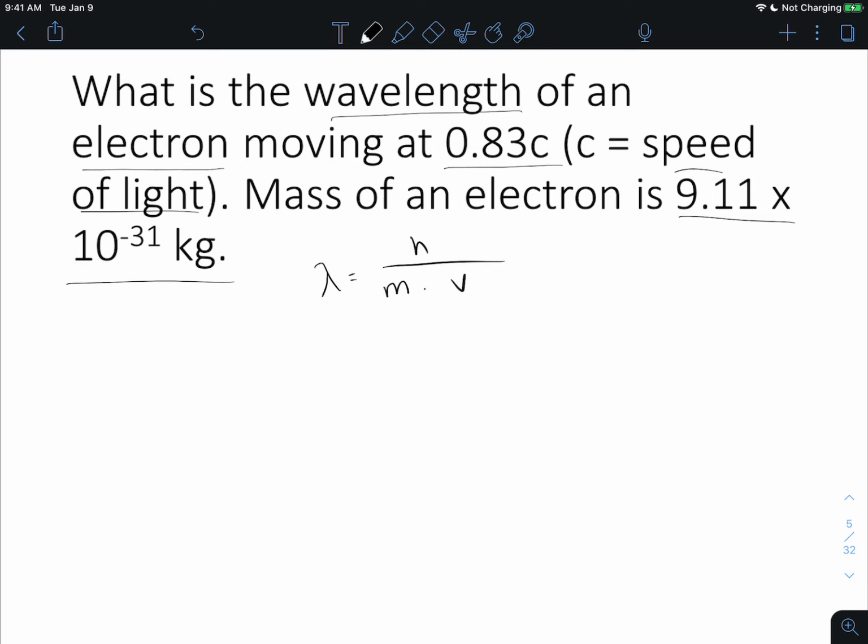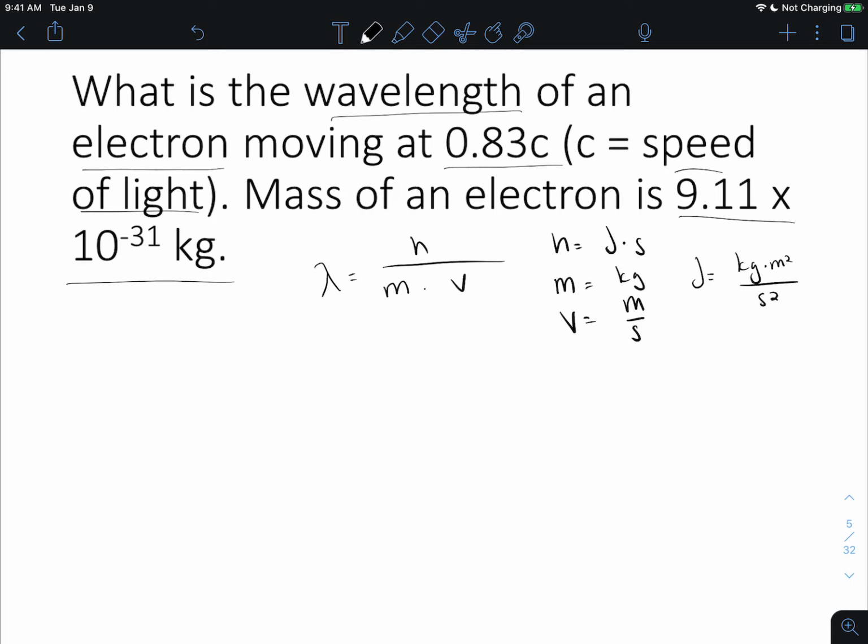Now, when we're thinking about units, that h is in joules times seconds. Our velocity is in meters over seconds. And then our mass needs to be in kilograms. The reason for this is because our joule is equal to a kilogram times meter squared over seconds squared.